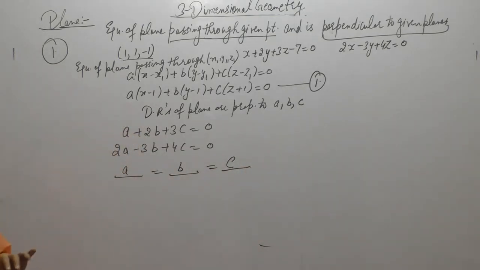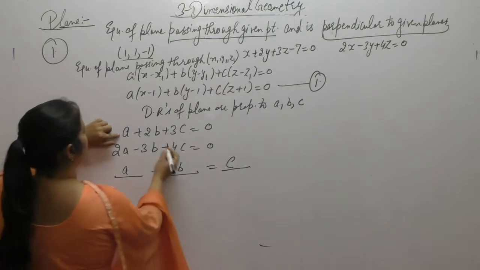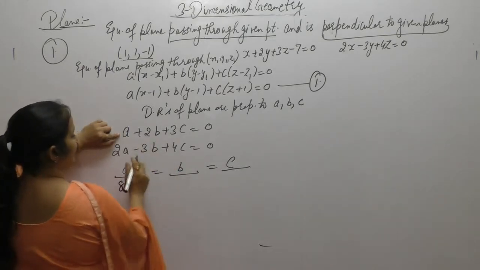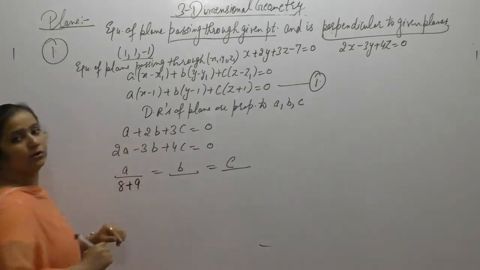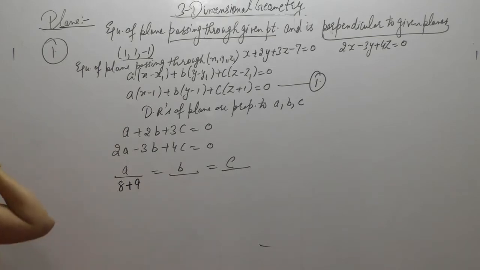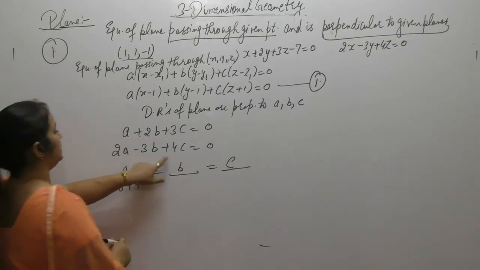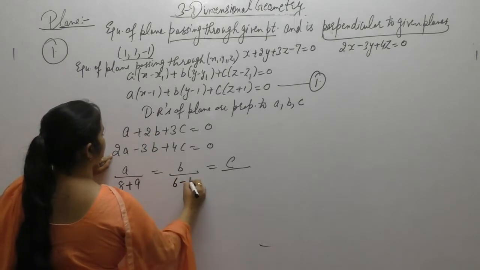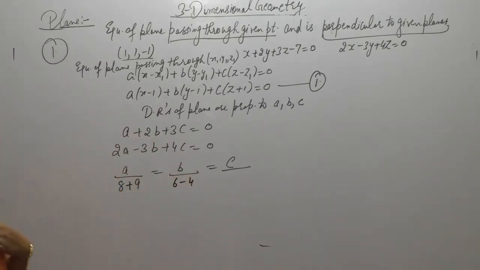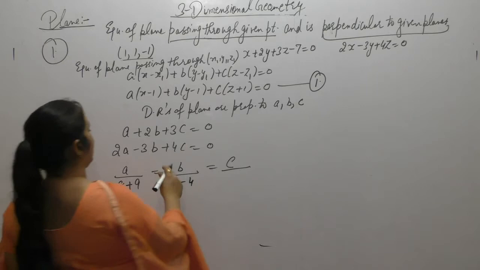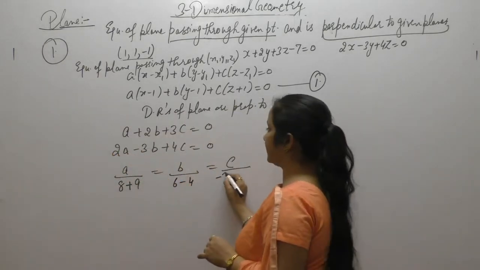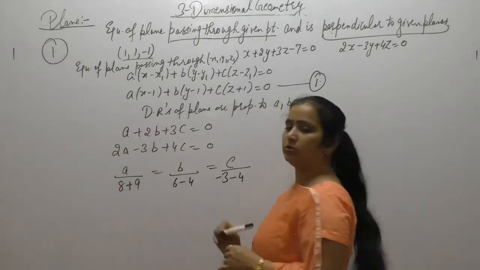What we get? a upon, b upon, c upon. Now a upon 4 into 2, 8, plus 3 into 3, 9. b upon 3 into 2, 6, minus 1 into 4, so 6 minus 4, and c upon minus 3 minus 2 into 2.